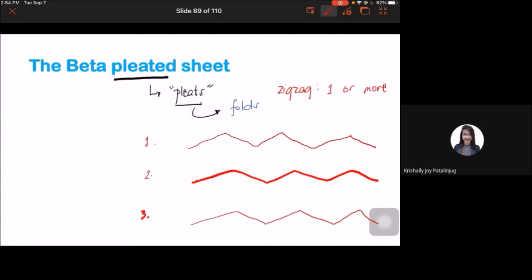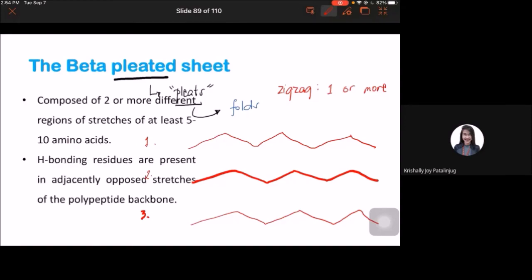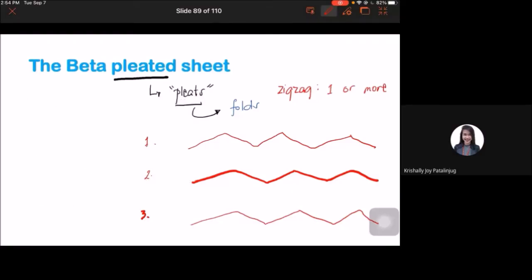for this schematic diagram, a zigzag shape of a beta-pleated sheet, ang hydrogen bond po pwedeng makreate in between the structure. Okay? So posibleng mabuo dito yung mga hydrogen bond in between the structures, in between the polypeptide chains.